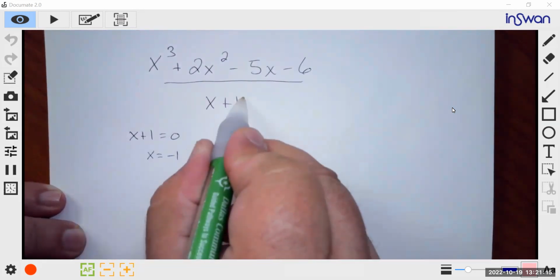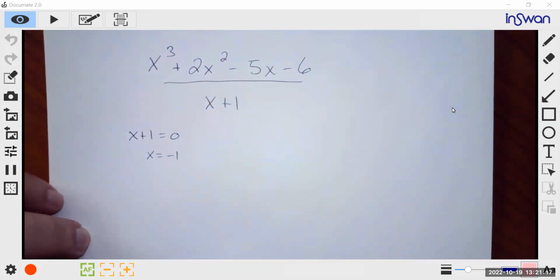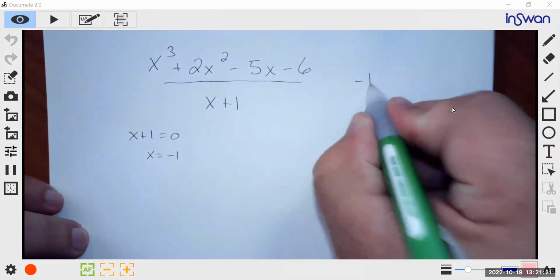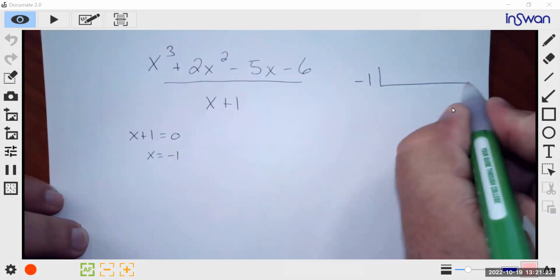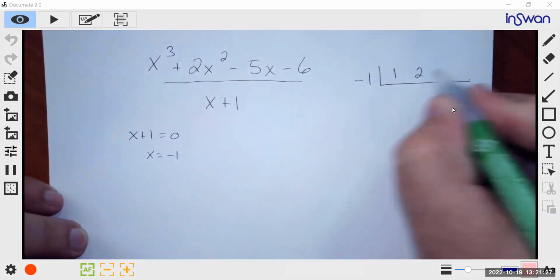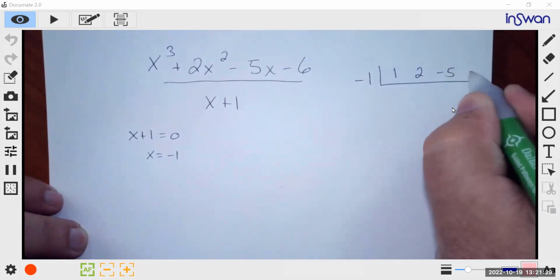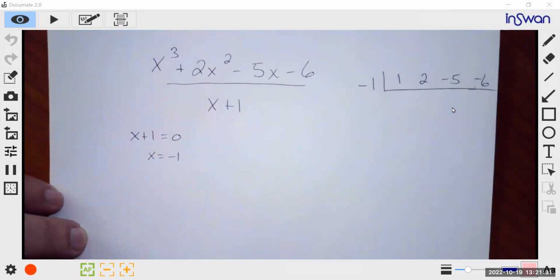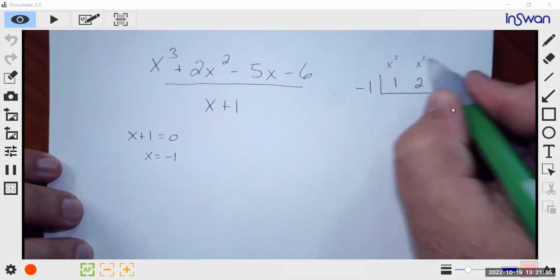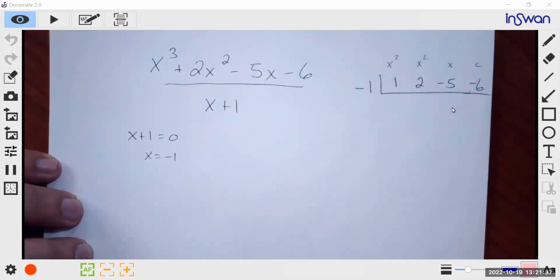Yeah, it's always the opposite of the sign. Just the coefficients. This is the x cubed coefficient, this is x squared, this is x, and this is the constant.